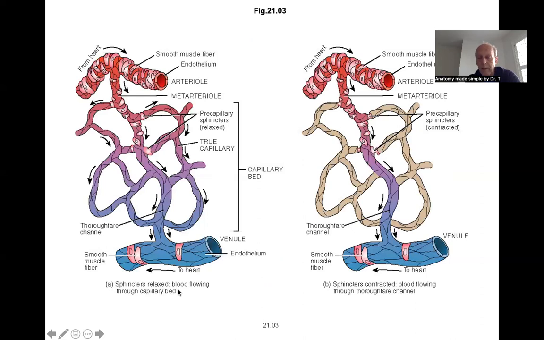However, capillaries do not always behave the same. One can say that they are really there to integrate themselves between the blood and any other living tissues. But as we know, the tissue has a variable demand for oxygen, variable demand for nutrients, depending on what current situation we're experiencing.